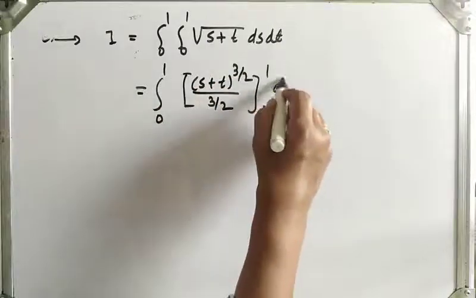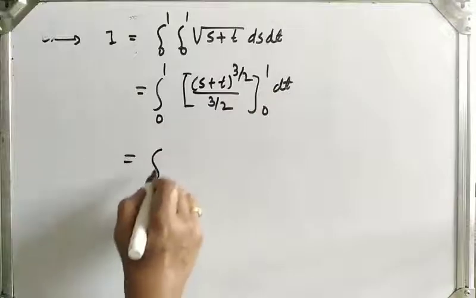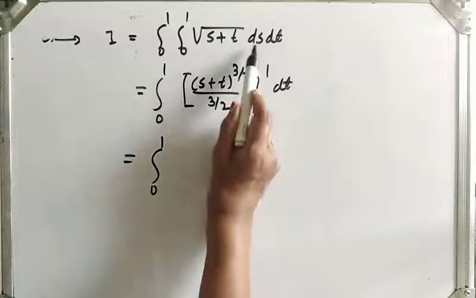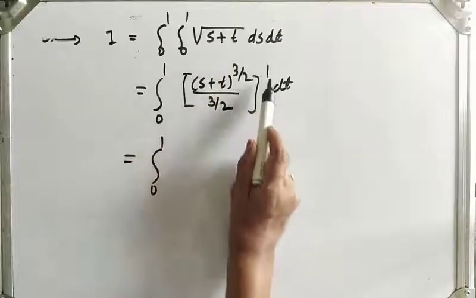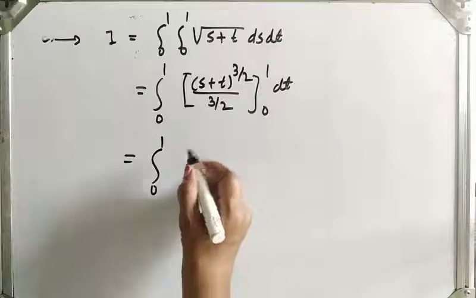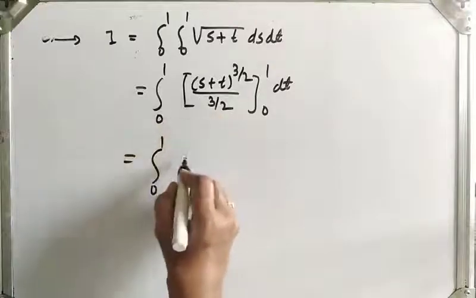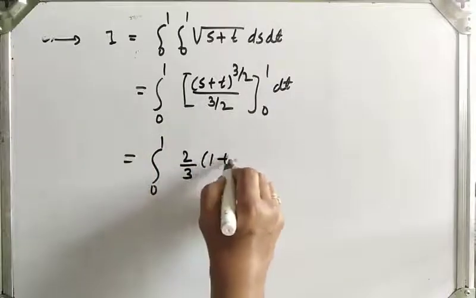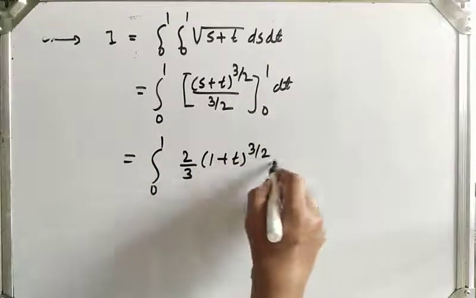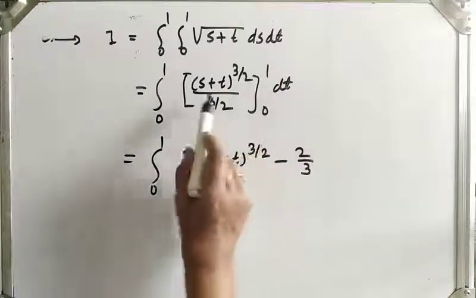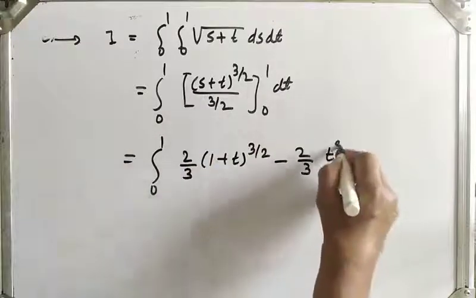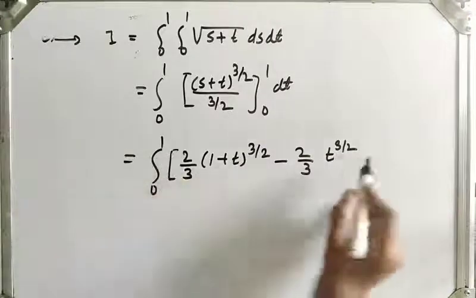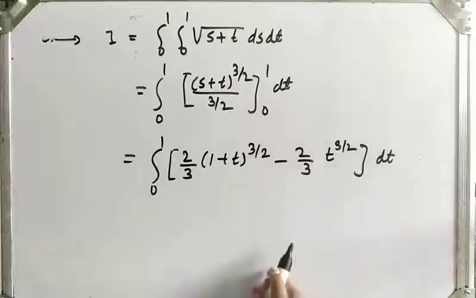with limits 0 to 1, dt. Now apply limits. We have integrated with respect to s, put upper limit 1, lower limit 0. That will be 2 by 3, upper limit 1, so 1 plus t raised to 3 by 2, minus 2 by 3, then put 0, so that will be t raised to 3 by 2, dt.